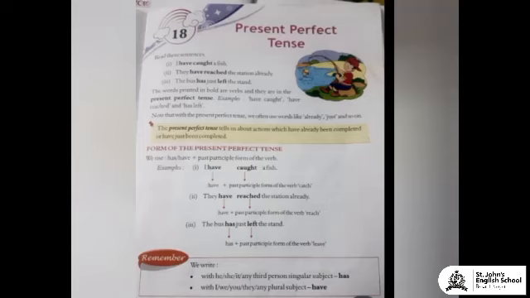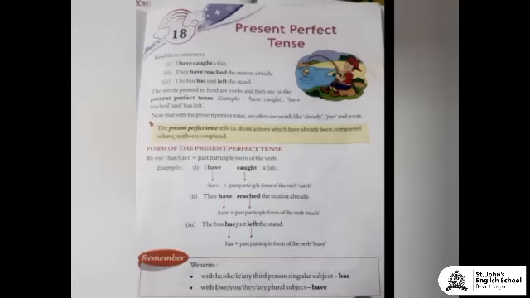See the second one. In the second sentence, the verb is reach. Students, in the first sentence, the verb was catch. In the second sentence, the verb is reach. For they, you are using have. They have reached the station already.